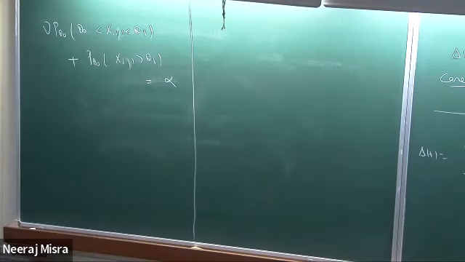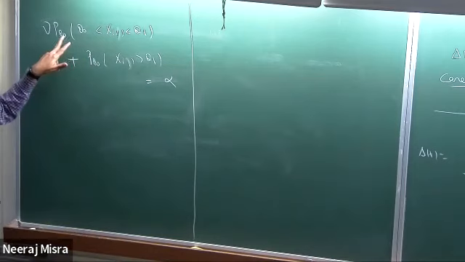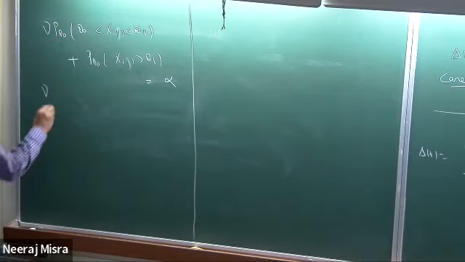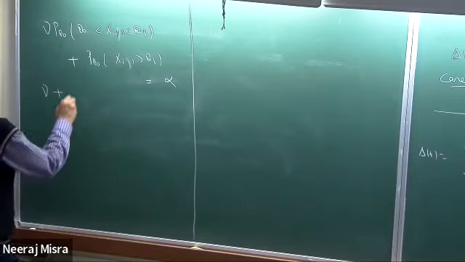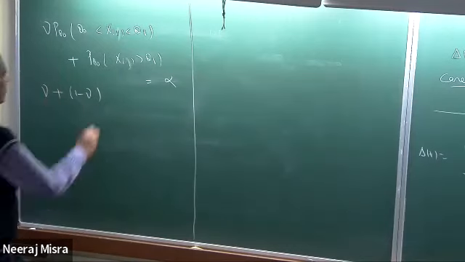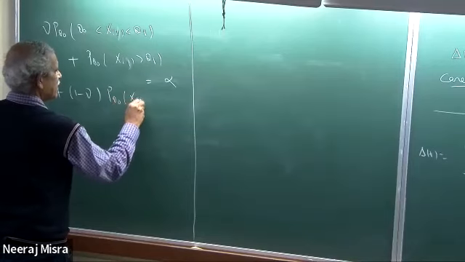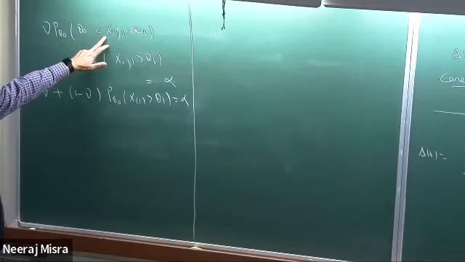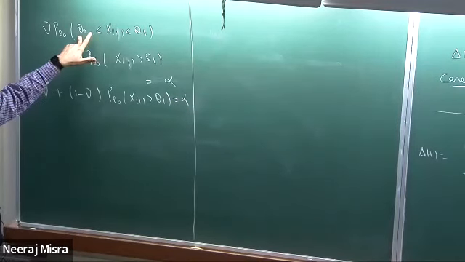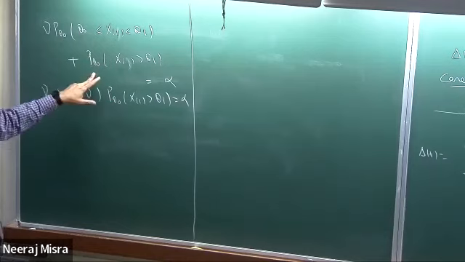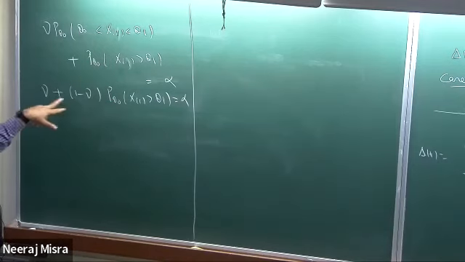So I can write this as gamma times 1 minus this probability, which is the same as gamma plus 1 minus gamma times the probability that X(1) is greater than theta 1, which is alpha. So that would be gamma minus gamma times this probability, plus this.